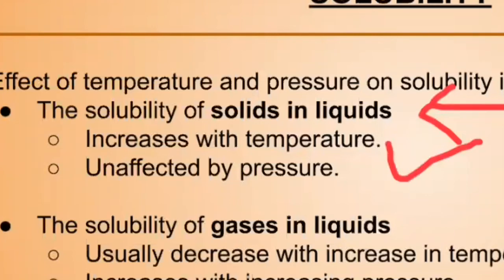For example, in the previous numerical you saw potassium sulfate at 60 degrees Celsius. If it becomes 80 degrees Celsius, the potassium sulfate solubility will increase. Now, if you consider pressure, it is unaffected by pressure. You increase the pressure and there will be no effect on the solubility of the salt.